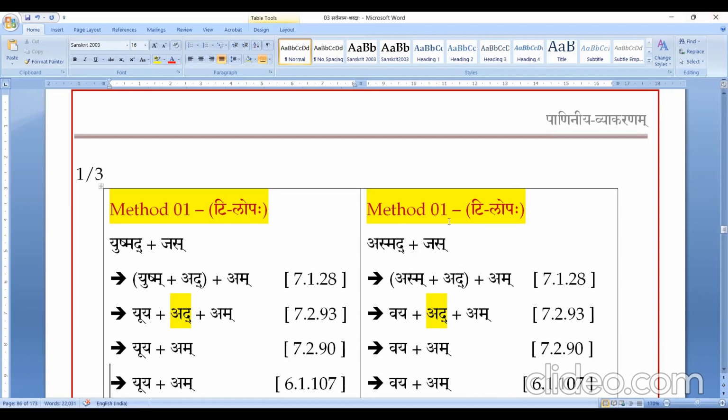Similarly, Asmad shabdasya Ma Paryantasya sthane Jasi Pratyaya Pare Vaya Adesha. After that, we can apply Sheshe Lopah. Here there is no Atva Adesha or Yatva Adesha, therefore Sheshe Lopah can be applied and Ad becomes lopah. Therefore, we have Yuya plus Sheshe Lopah, 7.2.90. So Yuya plus as, we can do Ami Purvah, Yuyam.